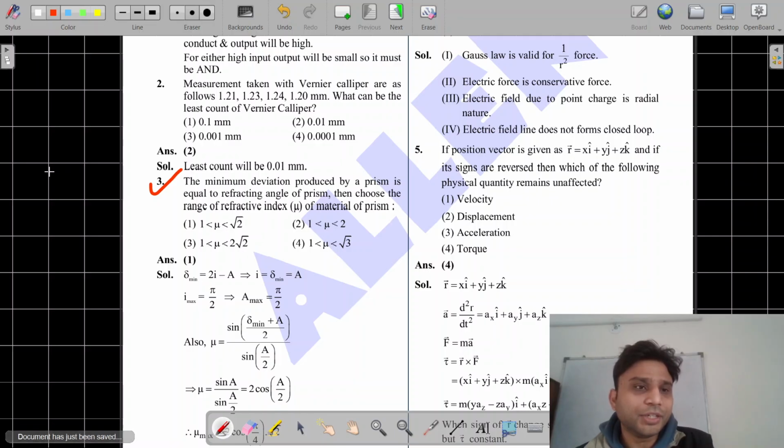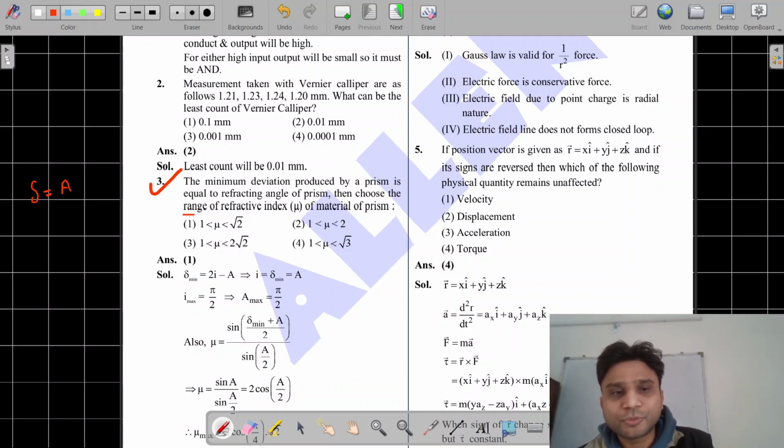That is, the deviation delta is equal to angle A. So that is what is given to us. And not only is it deviation, it is also minimum deviation. So we have to choose what is the range of refractive index of the prism from this information.